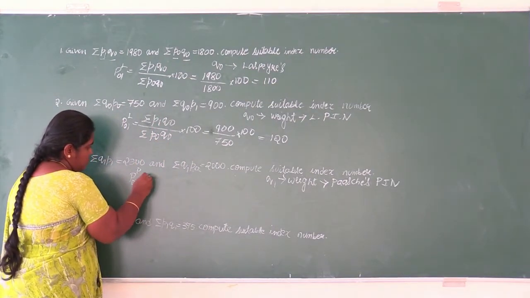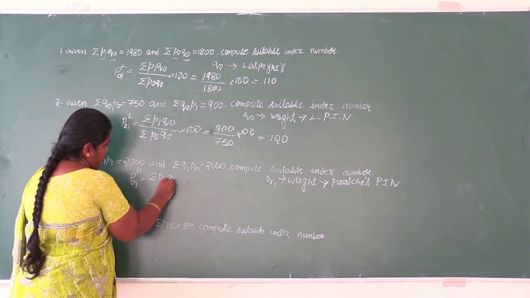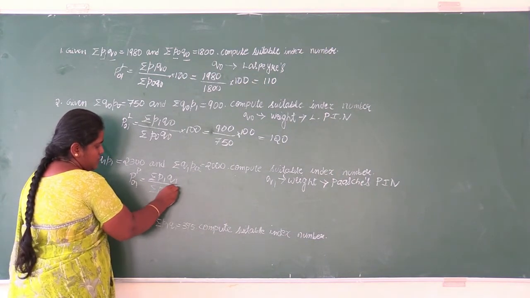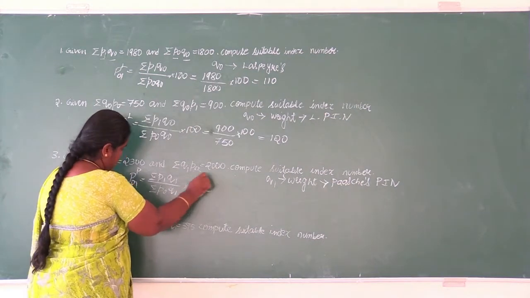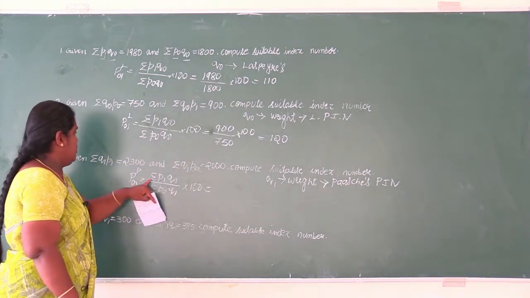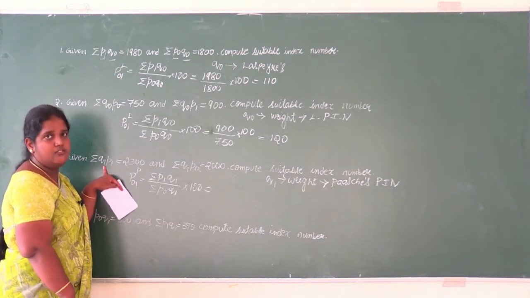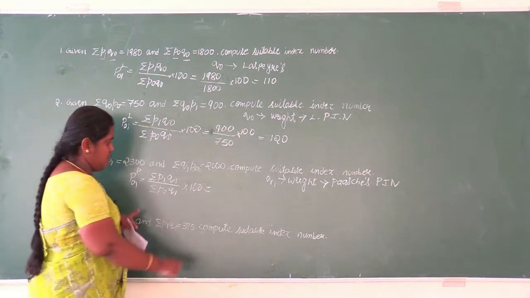And what is the formula of Paasche's price index number? P01P equals sigma P1 Q1 divided by sigma P0 Q1 into 100. Sigma P1 Q1: first you have to read P, then read the Q1 value. P1 Q1 is 2300.